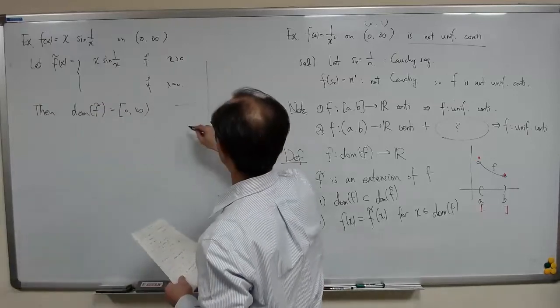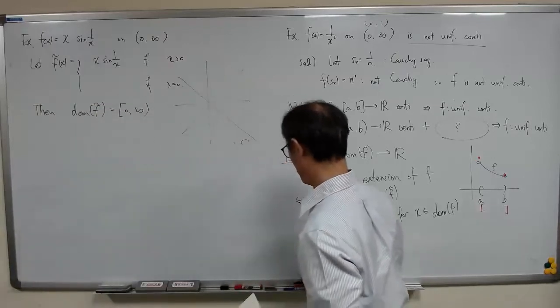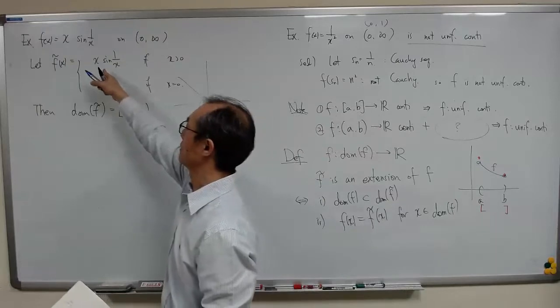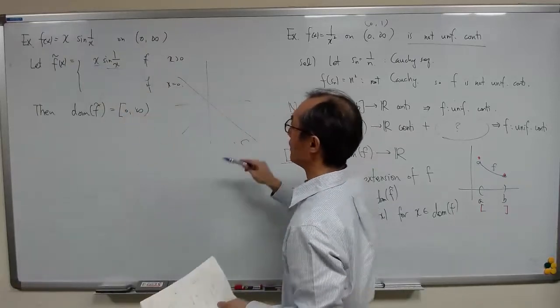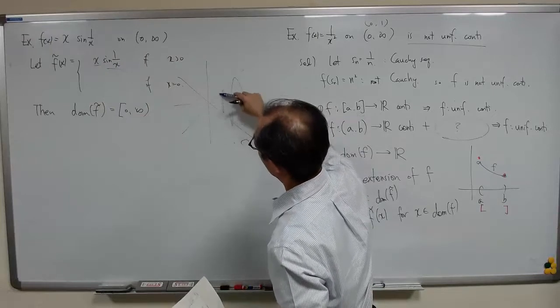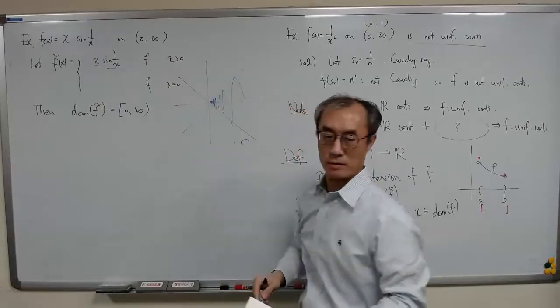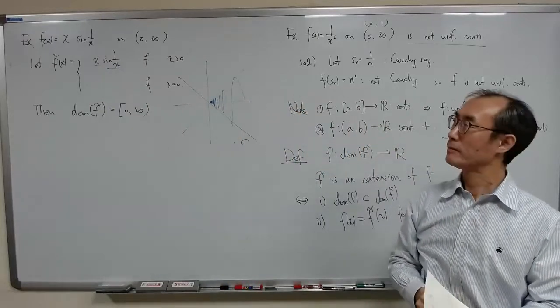The graph of the original function, x times sine 1 over x, goes like this.